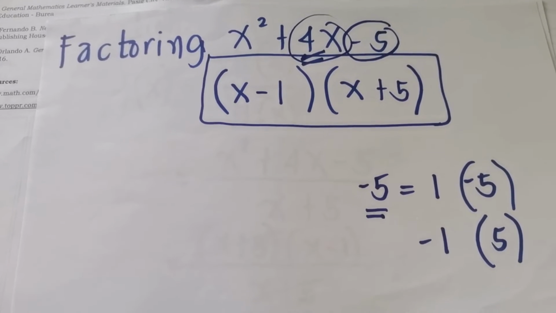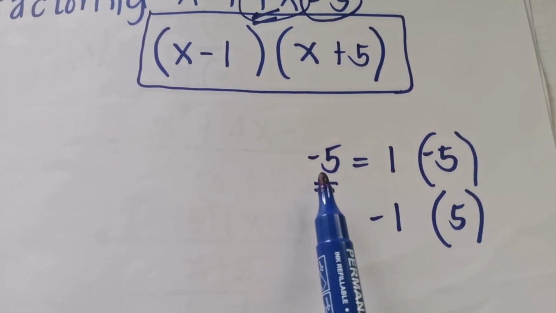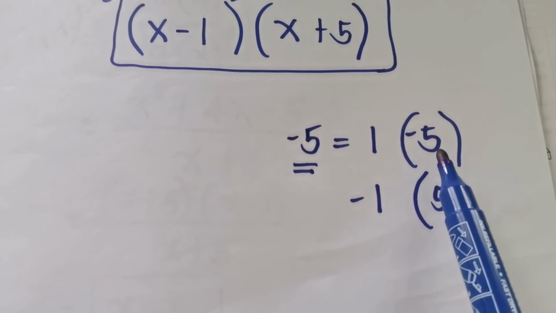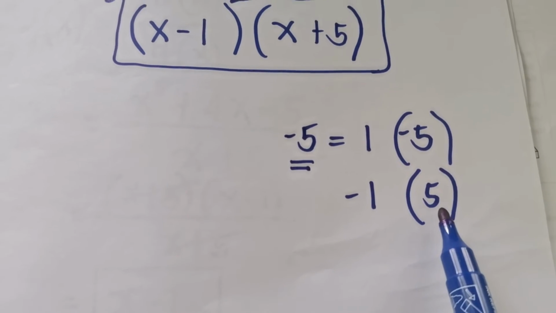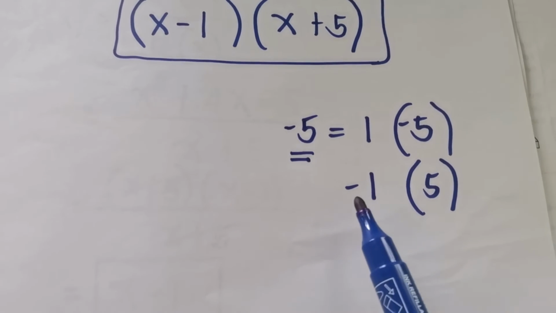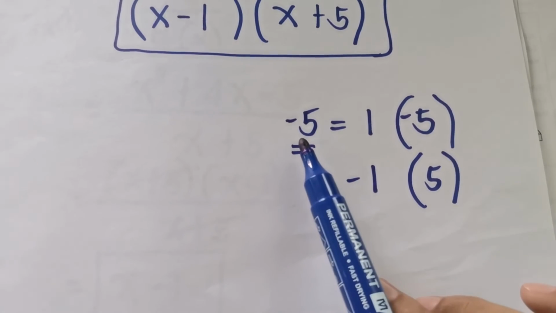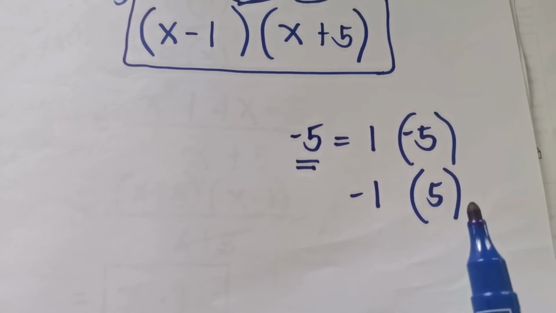So now, the factors of negative 5: we have 1 and negative 5. We can also have negative 1 and positive 5. If we multiply 1 and negative 5, the result is negative 5. And negative 1 times 5, the result is also negative 5. Again, we will get their sum.